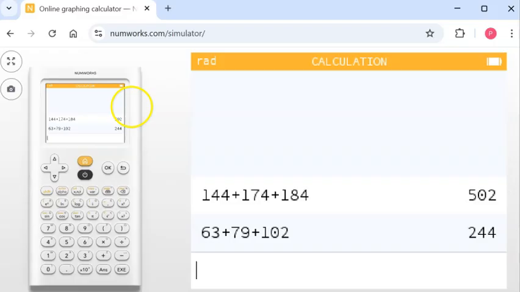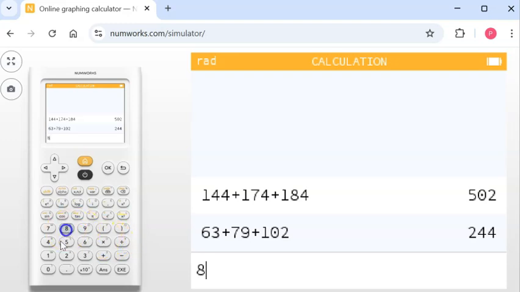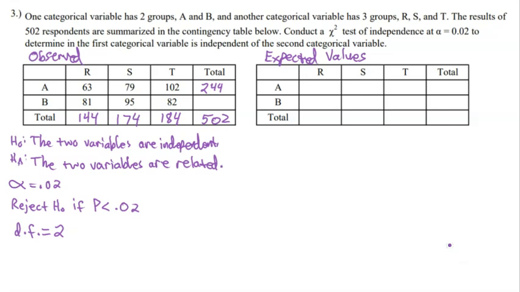And then 81 plus 95 plus 82, and that's going to give us 258. And sure enough, if you were to add these two numbers together, you would get 502.